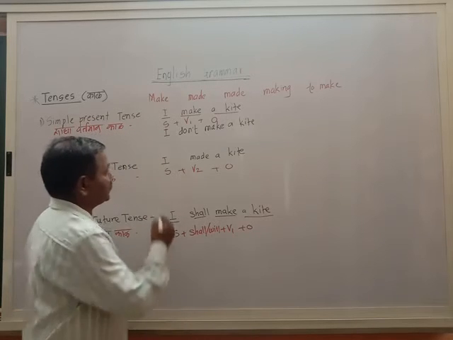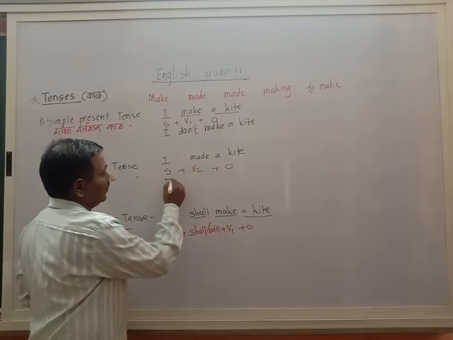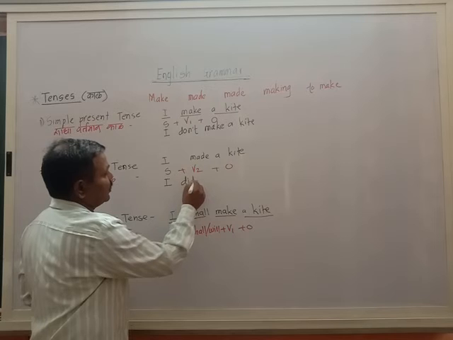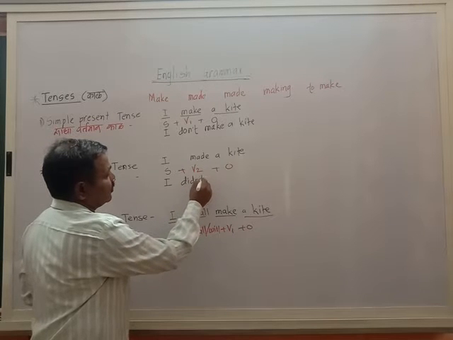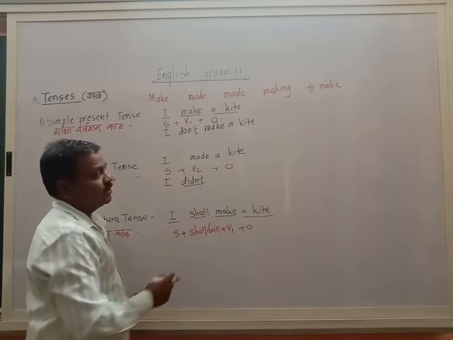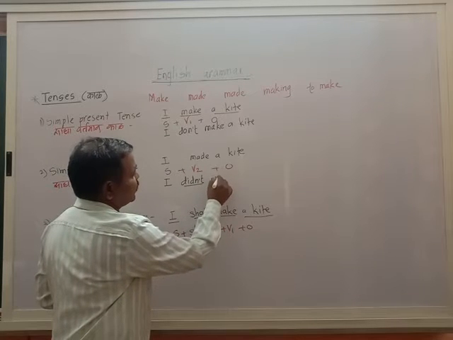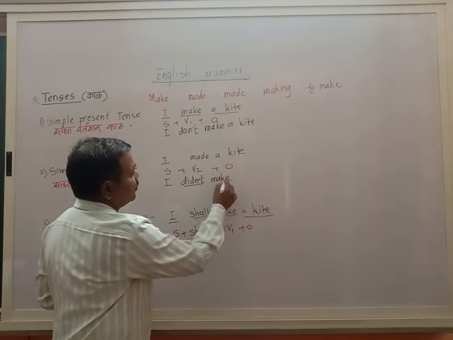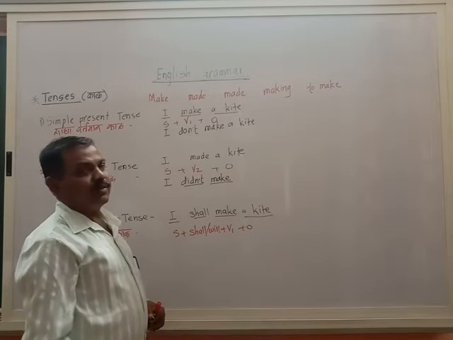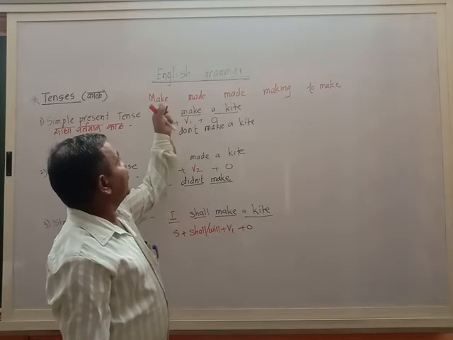Here in the simple past, I made, I didn't. Now this did is past. So this past is removed by did, and again we have to write the main verb form, that is make.